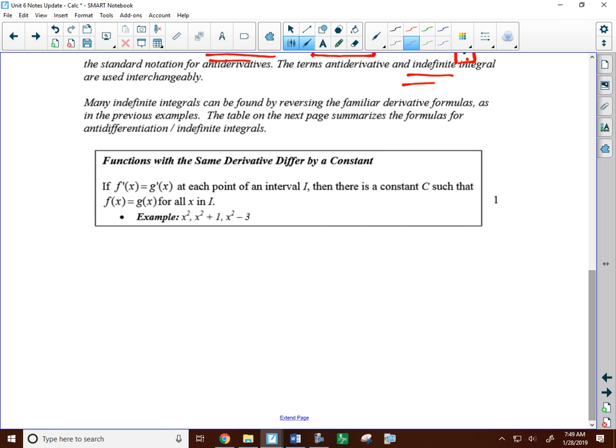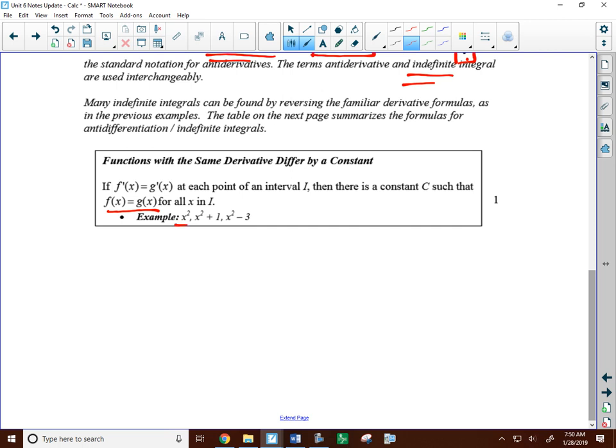Okay, and last thing before we look at that is what we already saw above. This theorem: functions with the same derivative differ by a constant. It says if f prime equals g prime, so if two functions have the same derivative, then there is a constant such that f of x equals g of x plus that constant for all values in that interval. So here's an example.